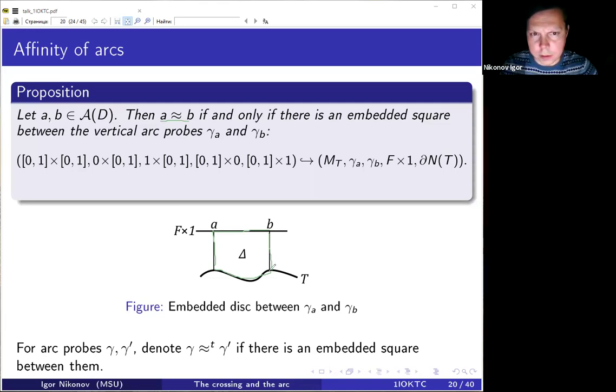And then we can extend this relation to any pair of probes. We say that a pair of probes, if they bound a disk, are topologically affine.